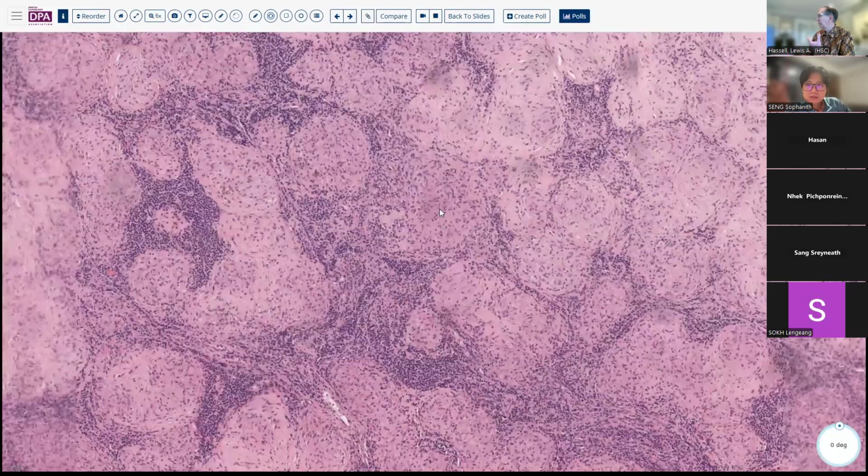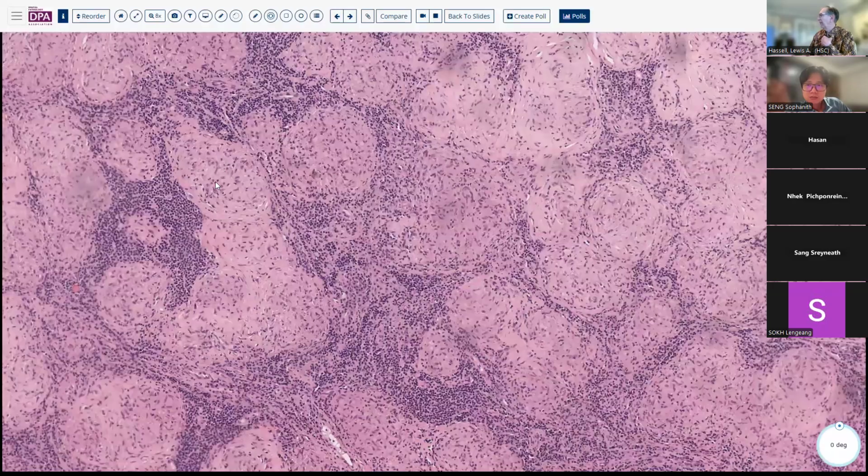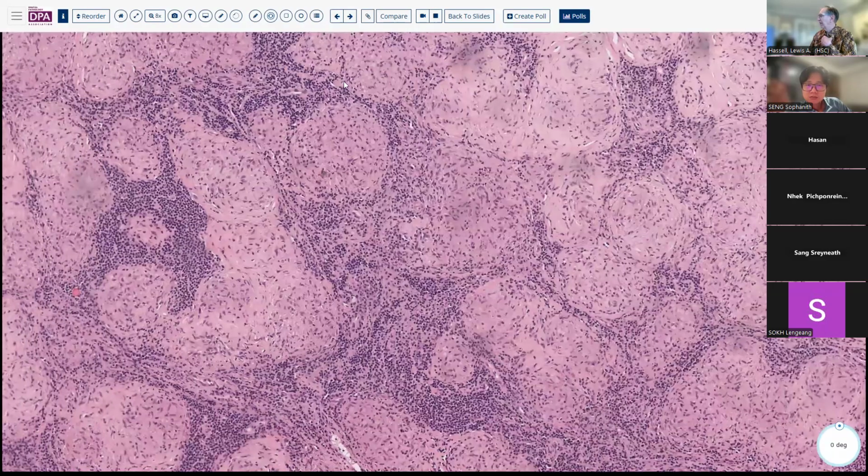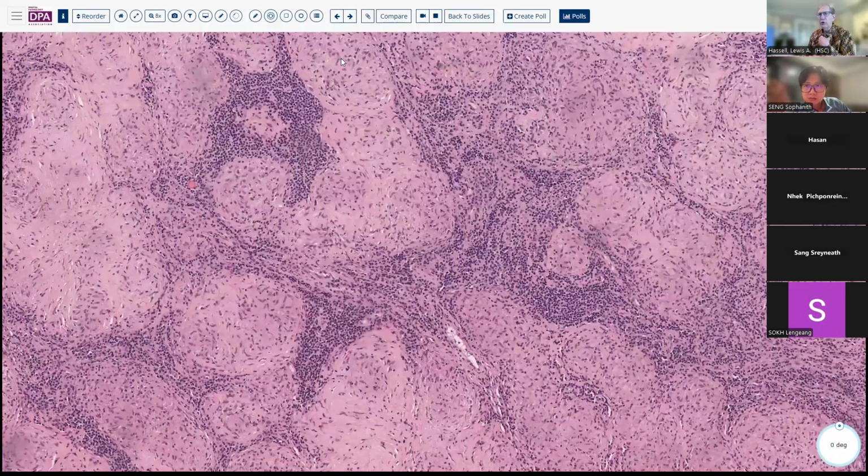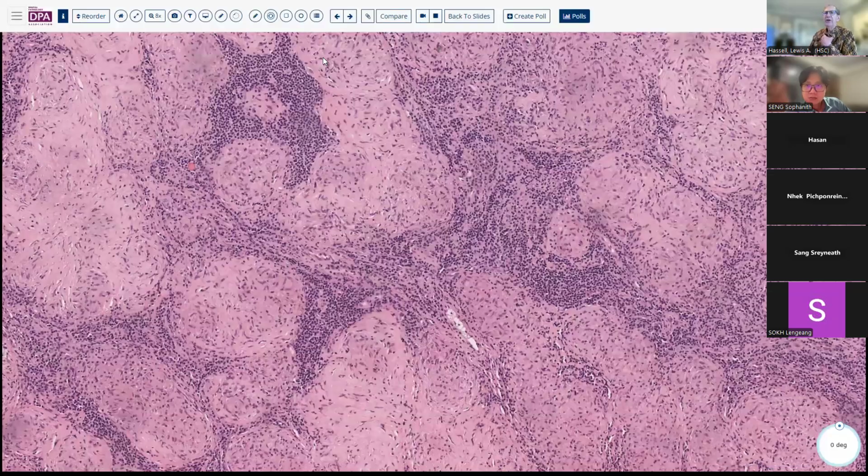Now, of course, you're going to have to do stains because you can't reliably diagnose sarcoidosis unless you've excluded other possibilities. And I would include in that the possibility that you are dealing with a pneumoconiosis.